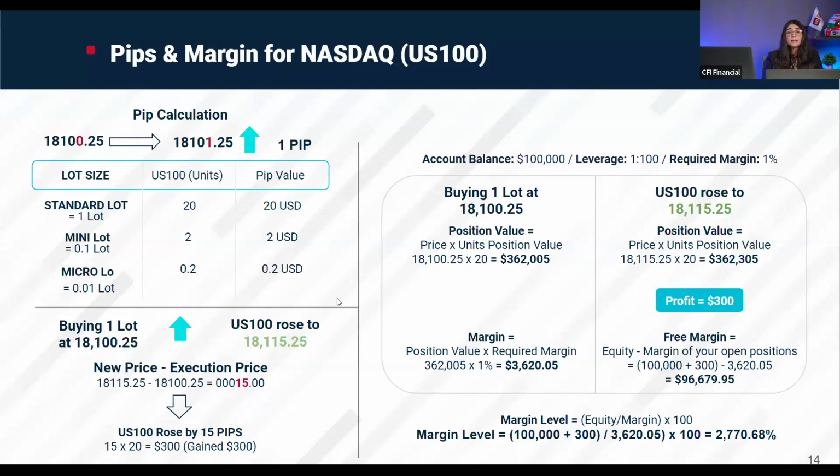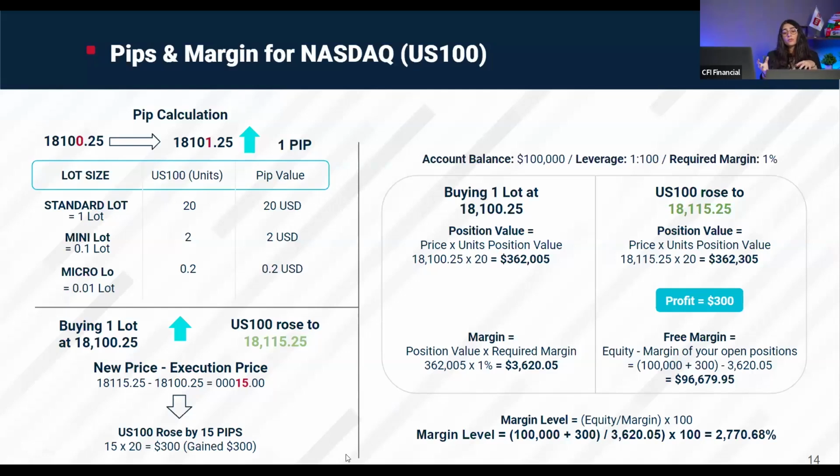To be able to calculate how much those 15 pips are worth, I take the 15 pips, I multiply it by 20 because if I'm entering one standard lot of NASDAQ, one pip in NASDAQ is worth $20 US. So 15 multiplied by 20, I would gain approximately $300.